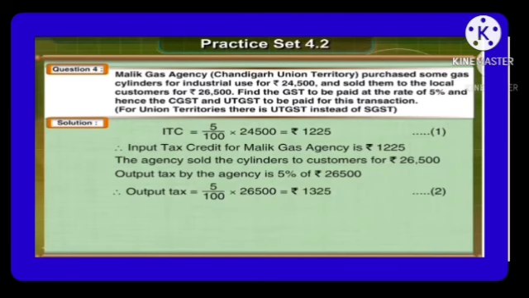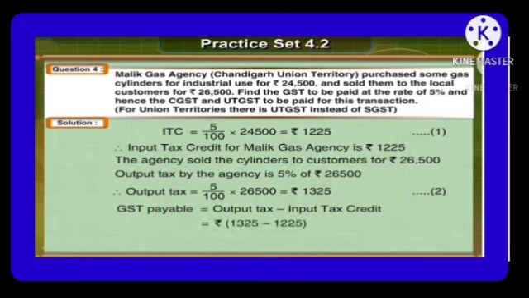Therefore, GST payable is equal to output tax minus input tax credit, which is equal to rupees 1,325 minus 1,225. This we get from 1 and 2, which is equal to rupees 100.